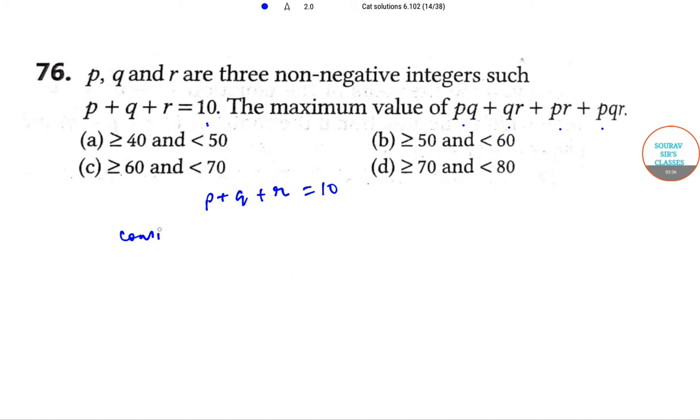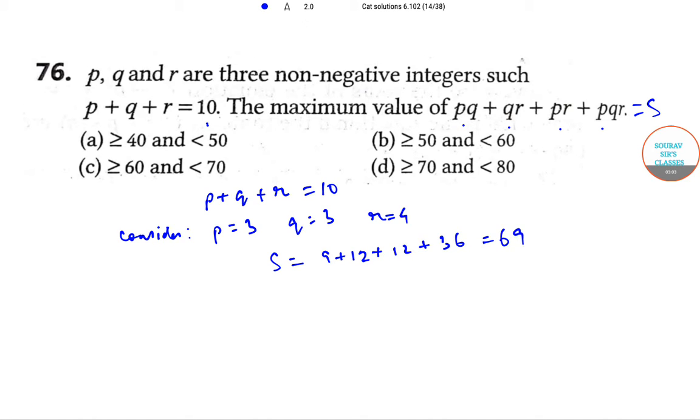Consider P is equal to 3, Q is equal to 3 and R is equal to 4. So then the value of this expression, let this be S, S equals 9 plus 12 plus 12 plus 36 is equal to 69.